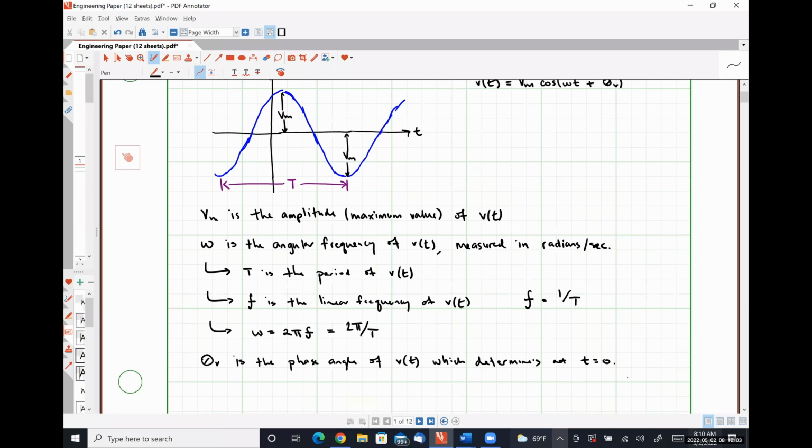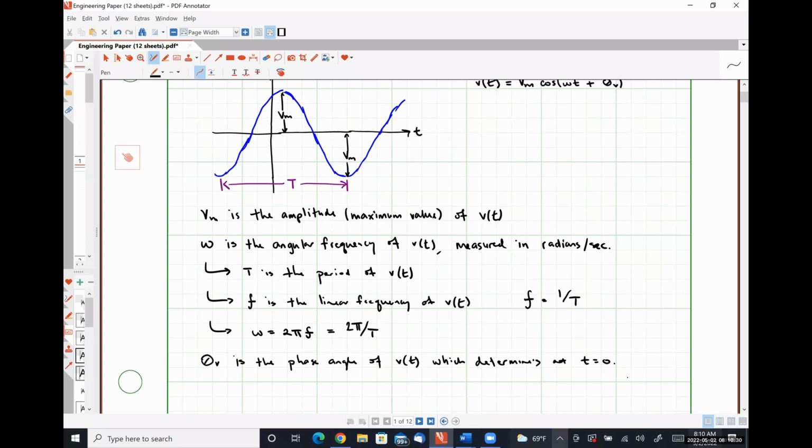So another way to think about this is the phase angle represents a time shift away from whatever its normal value at 0 is. So for instance, in this graph, we see that our cosine function reaches its peak value at some point in time later than t is equal to 0.